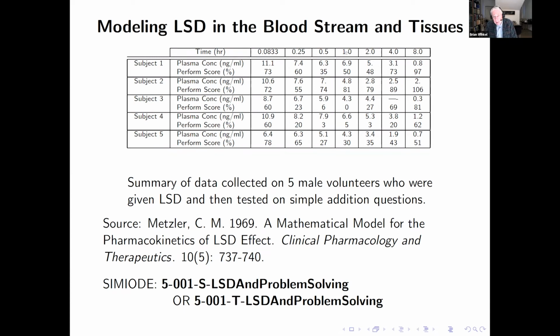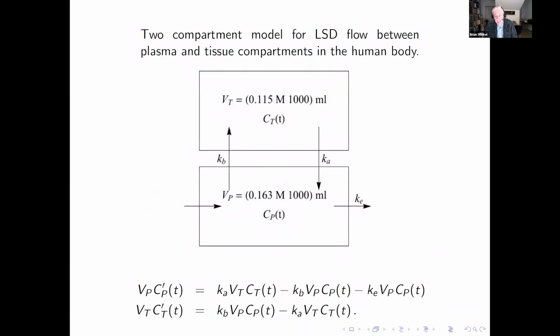The idea was that the more under the influence of the drug you were, i.e. stoned, the less likely you were to accomplish on these tests. So some of these youngsters, you can see their test scores are decreasing as the drug begins to move from their bloodstream to their tissues. We build this simple model.